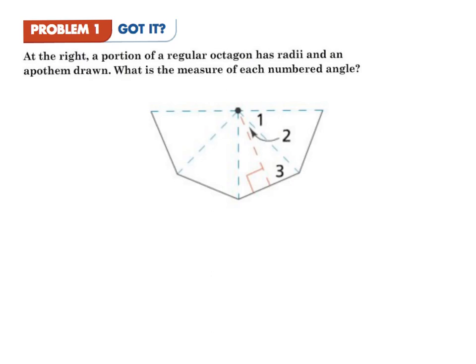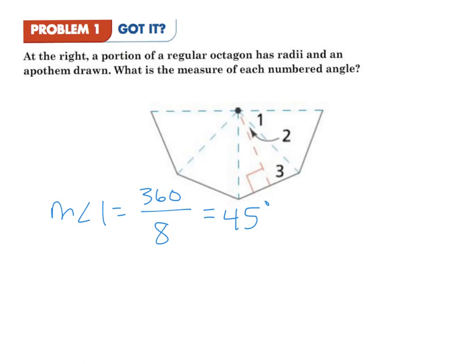We know that total it has to be 360 degrees. Since this is an octagon, there are 8 sides, so if we divide by 8, that will give us 45. So the measure of angle 1 is 45 degrees.